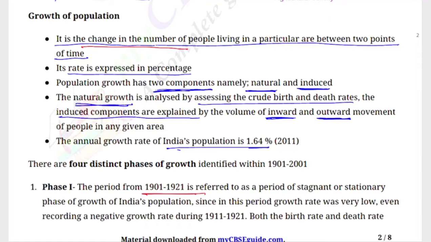मतलब जो population ज्यादा होने का या कम होने का जो कारण है वो दो कारण हो सकते हैं. एक तो हो सकता है कि नेचुरल तरीके से, और दूसरा हो सकता है induced.